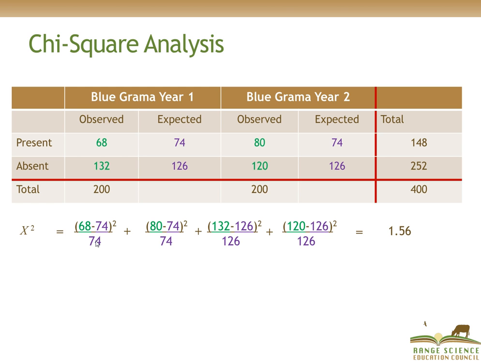That's for blue grama presence. We do that for blue grama observed presence in year 2. We also do it for the absence data in year 1 and 2, and that gives us a chi-squared statistic of 1.56.